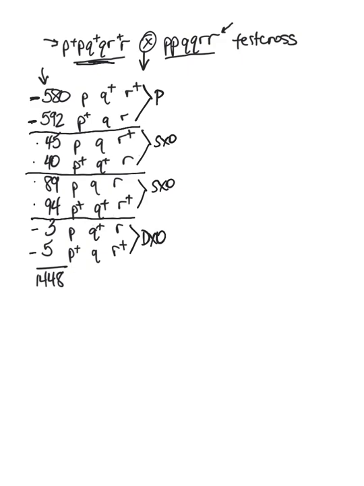Okay, I have identified my 4 types, and so now I want to go on to step 2, which is to figure out the order of the genes. And to do that, I only need to know which ones are the parental types and which ones are the double crossovers, the most common and the least common. Now, to figure out the order, there's really 2 ways that you can approach this.